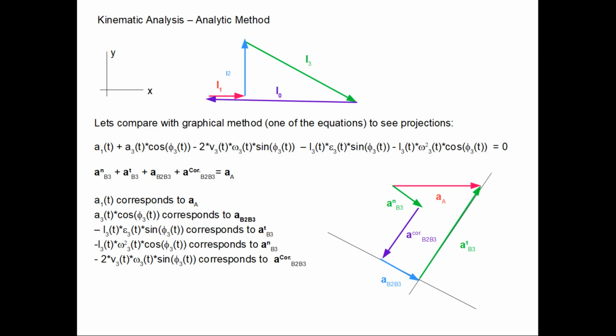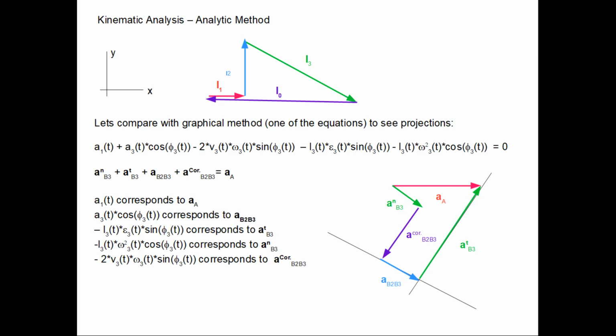Similarly, L3 of t times omega 3 of t times cosine phi 3 of t corresponds to the normal part of this acceleration, because we have omega squared times the distance, which is the equation for computation of the centripetal acceleration. And of course 2 times v3 of t times omega 3 of t times the sine phi 3 of t corresponds to the Coriolis acceleration.